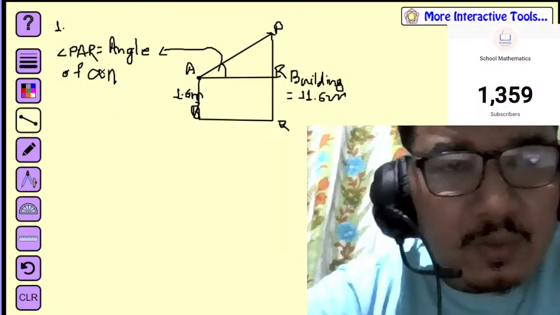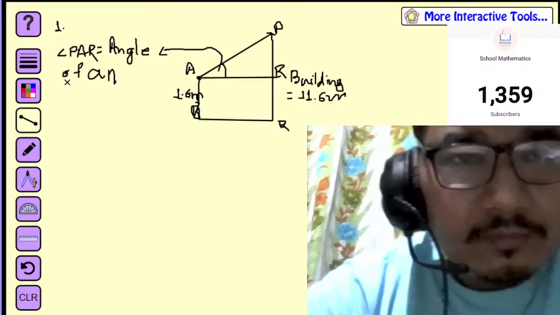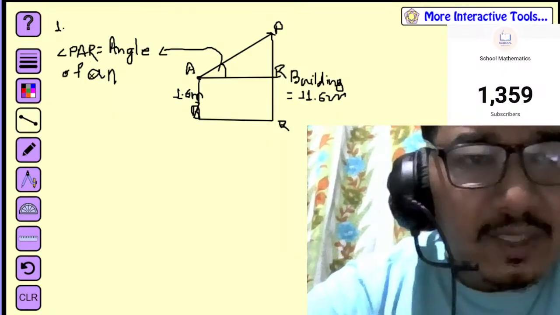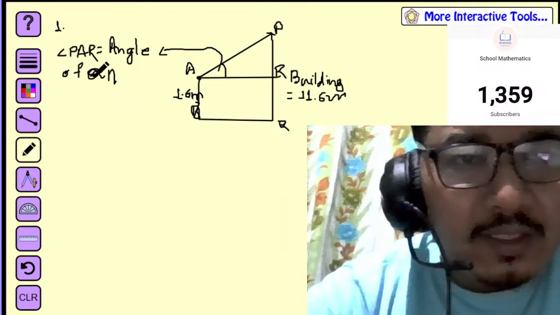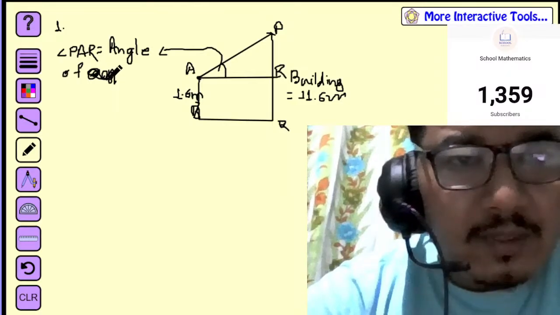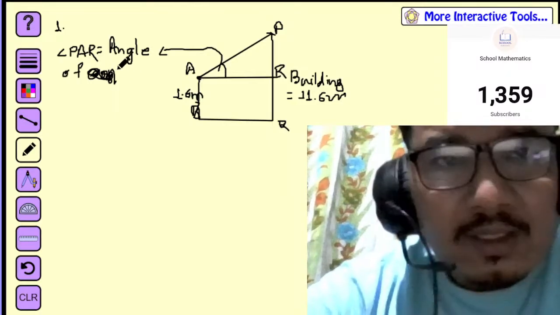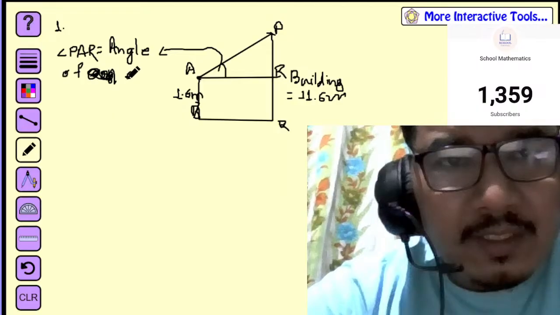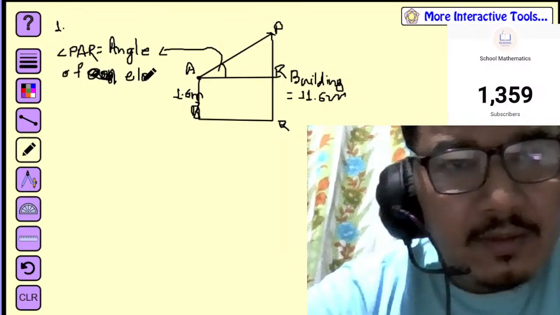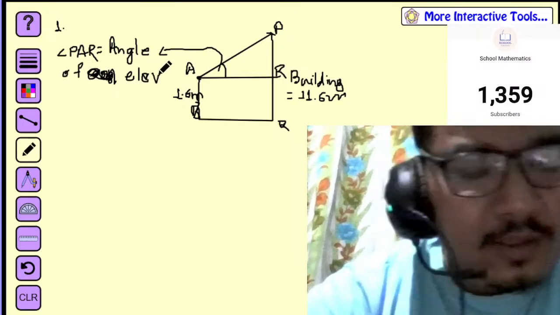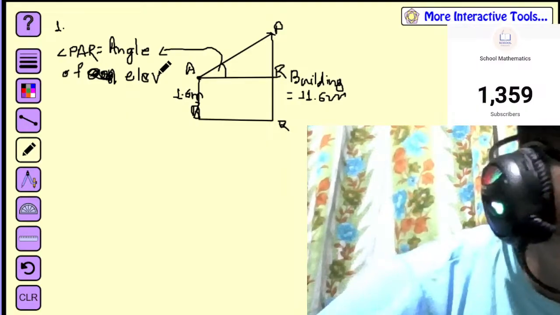This angle is known as the angle of elevation.